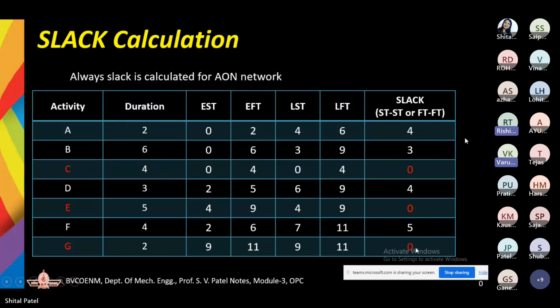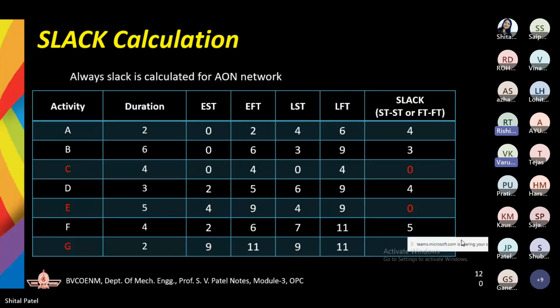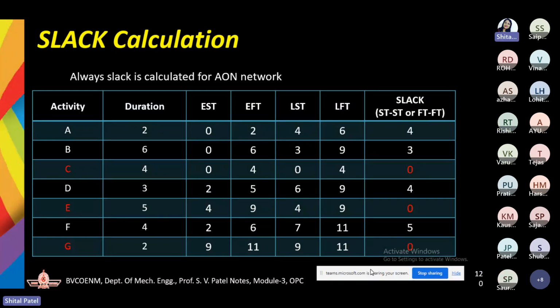Yes, ma'am. Ma'am, what is the difference between float and critical slack? The slack that we are making use of in the CPM, and floats, both have the same meaning, but the application is different. CPM, critical path method, is used for projects which have a tentative time calculation.